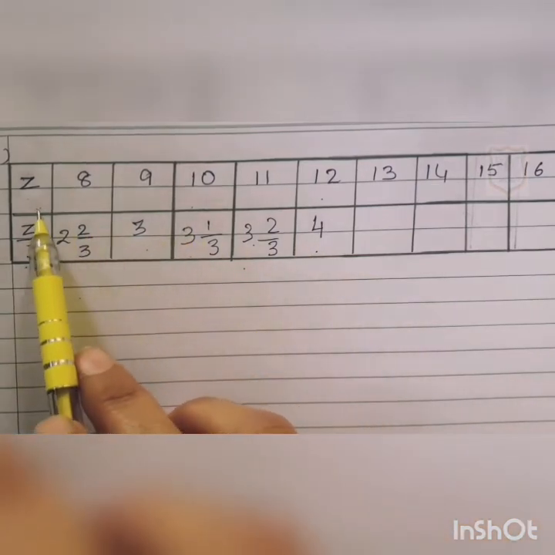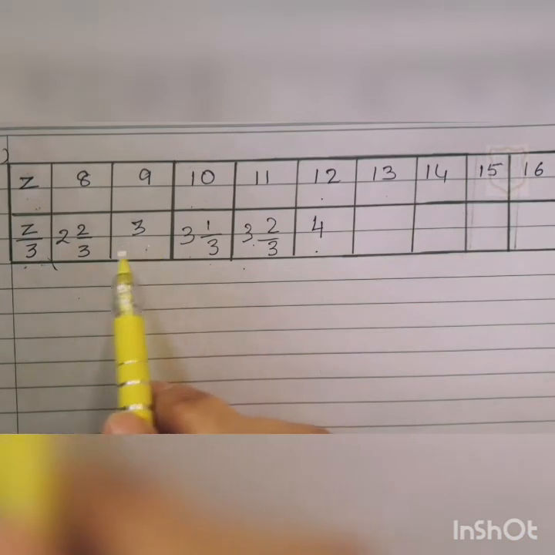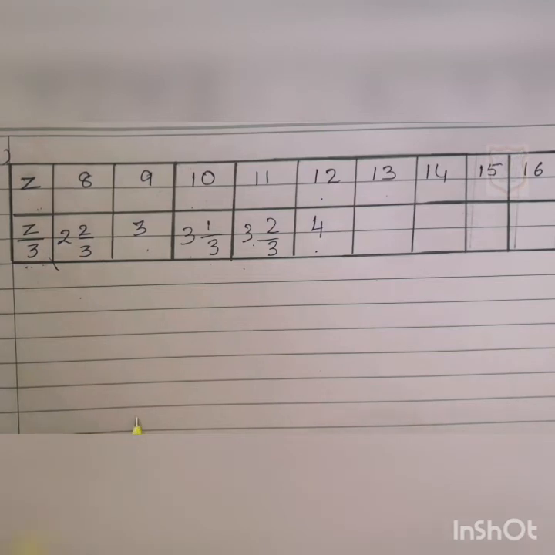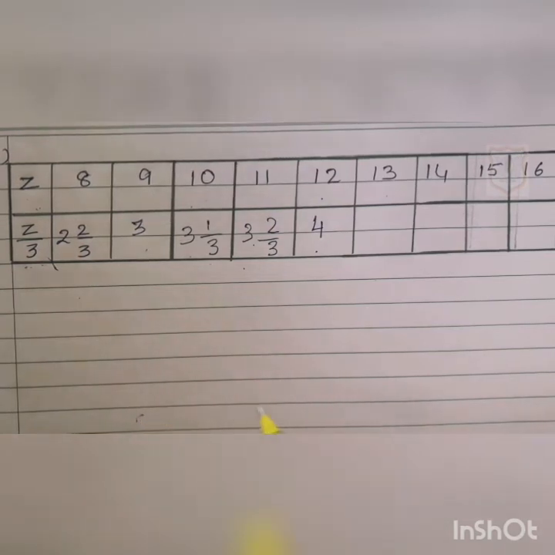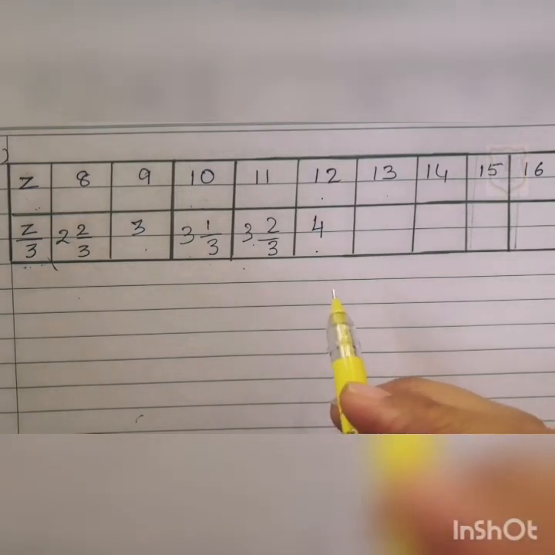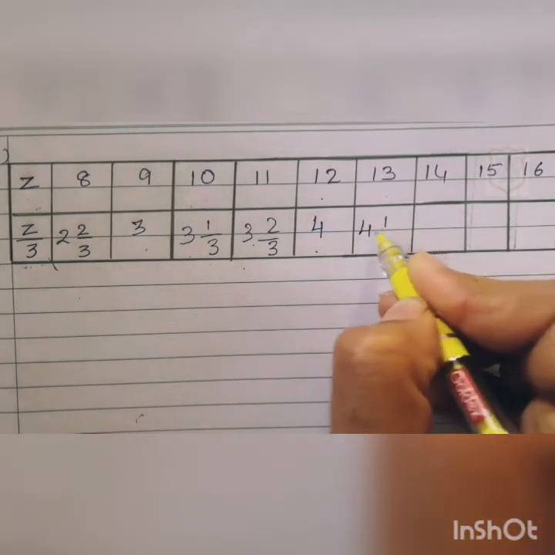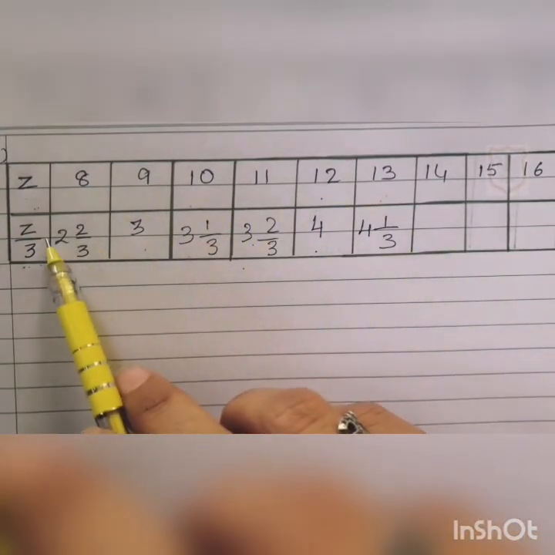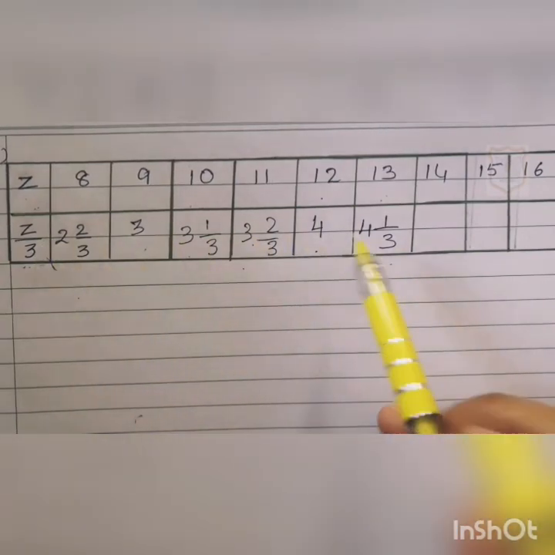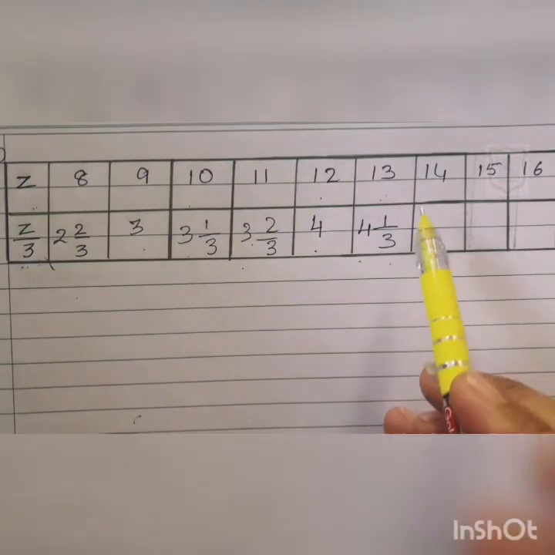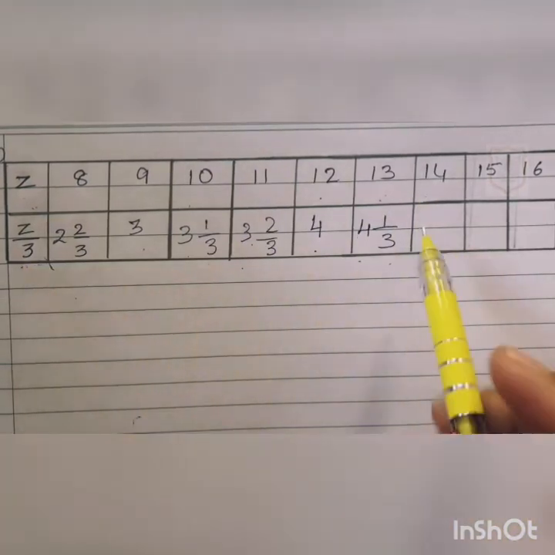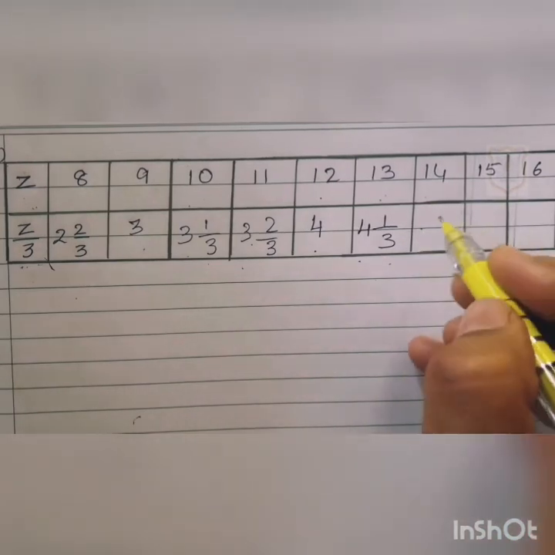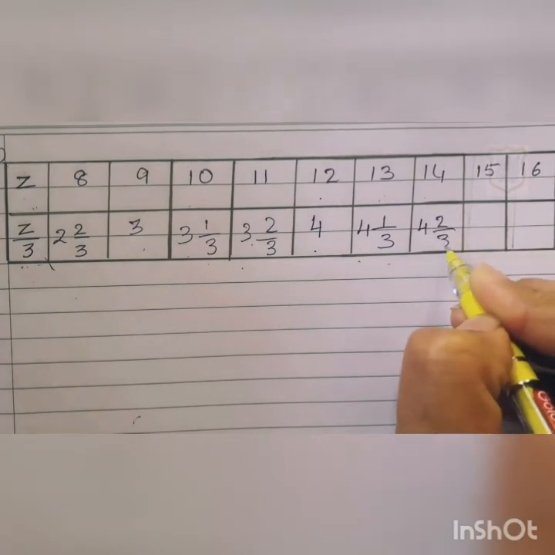Now when the value of z is 13, the value of z upon 3 will be 13 divided by 3. When we divide 13 by 3, we get 4 whole number 1 upon 3. So we'll write here 4 whole number and 1 upon 3. Now when z is 14, then z upon 3 will be 14 divided by 3, which gives 4 whole number 2 upon 3.